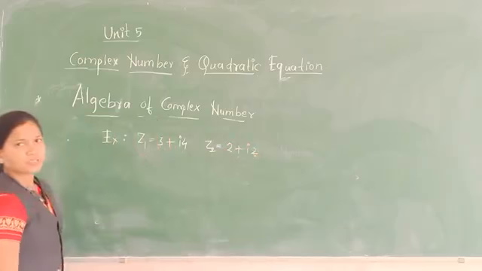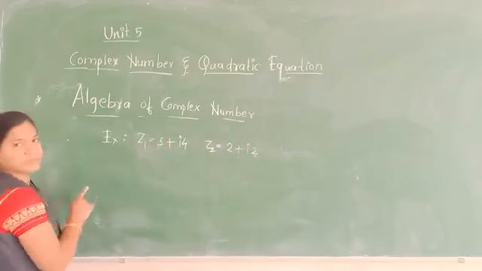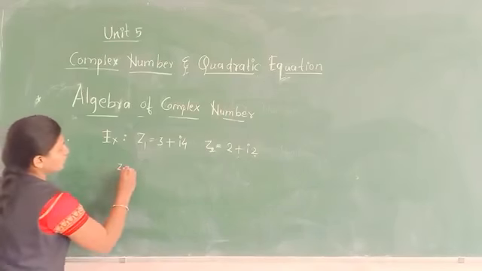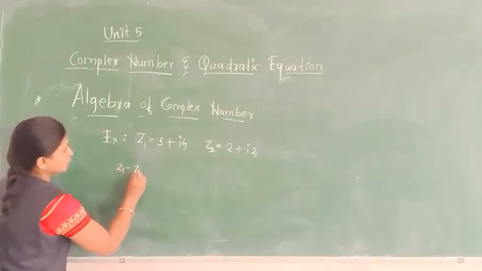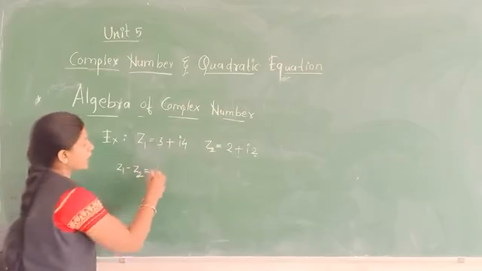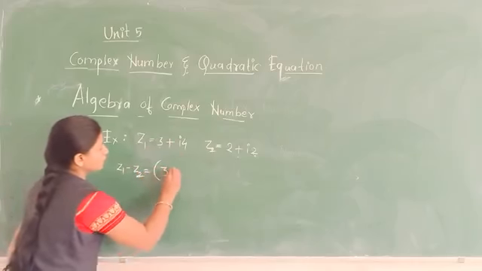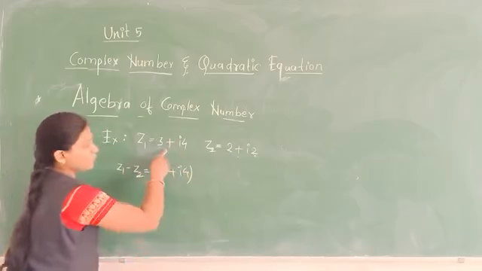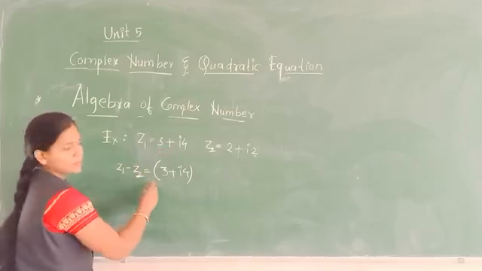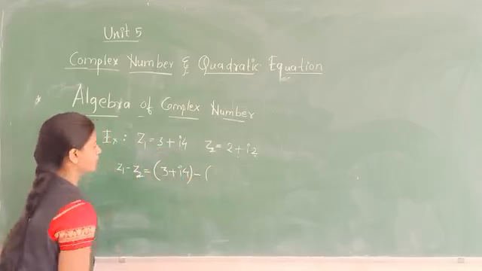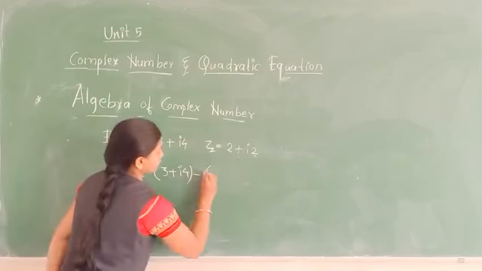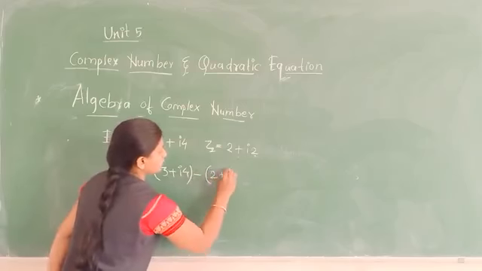These are the two complex numbers and we have to subtract them. That is Z1 minus Z2 is equal to 3 plus i4 minus, in bracket, 2 plus i2.